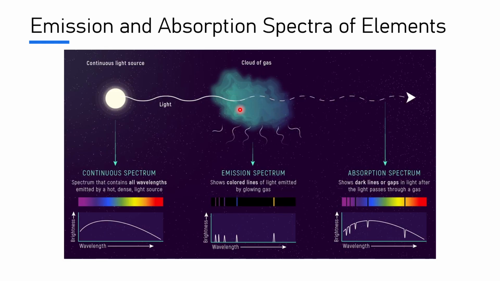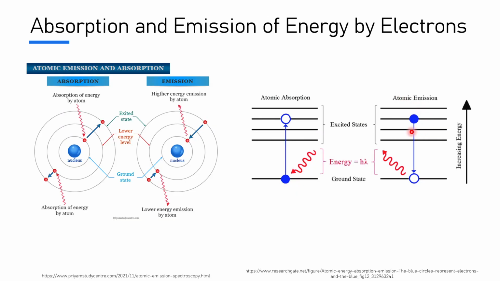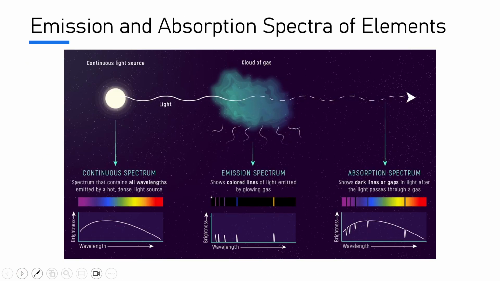Similarly, if the gas has taken in energy, the electrons that are sitting in this excited state will not do so indefinitely. They will at some point release that energy as they return back to their ground state. And fittingly, as you'll see in this emission spectrum, the light that is being emitted, and maybe we'd see that as a glowing of the gas, matches up with the lines where absorption has occurred.